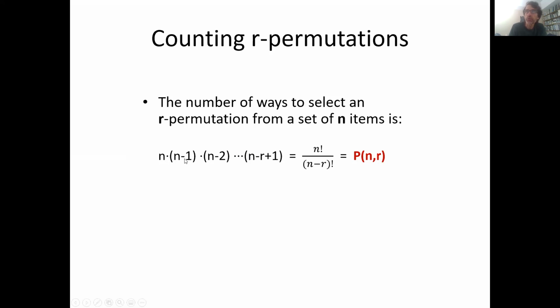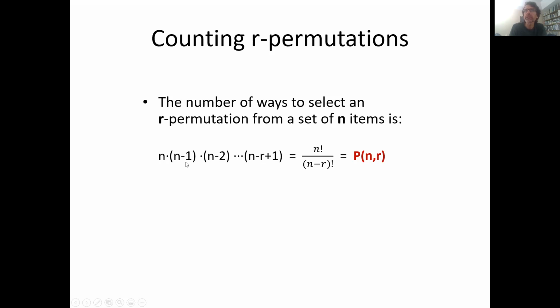Once you chose the first 2, the number of choices for the third one is N minus 2, etc., until you chose all R of them. So the last one will have this many choices. This is the first, second, third, and Rth.